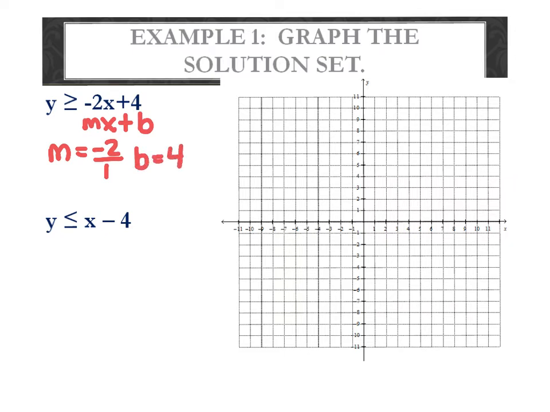So my y-intercept is at 4, so I can plot my point, and my slope is negative 2 over 1. So I would go down 2 and over 1. Now, since it is a greater than or equal to symbol, it's going to be a solid line. So I can use this pen to draw in my solid line.